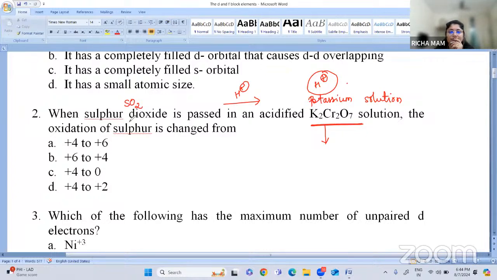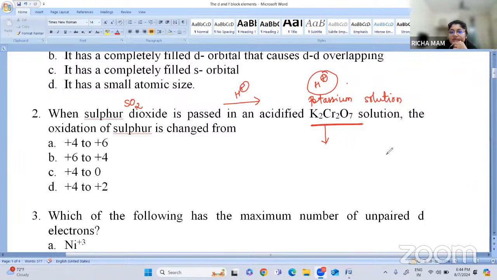Shri Varuni has also answered it. It is a strong oxidizing agent.